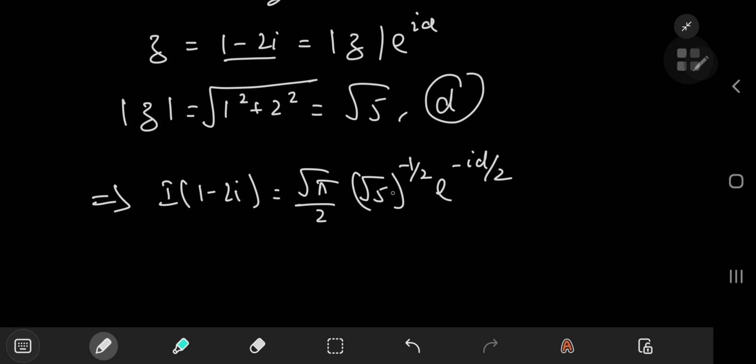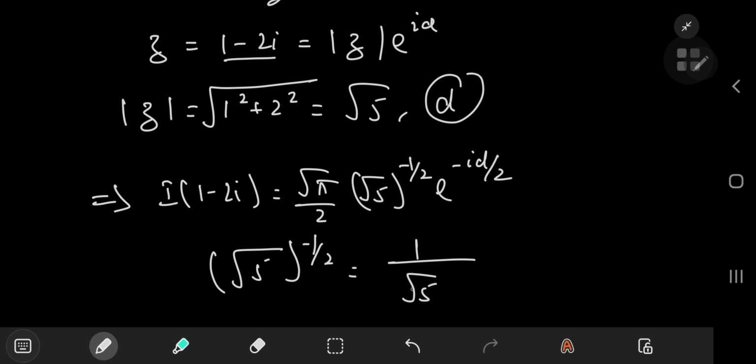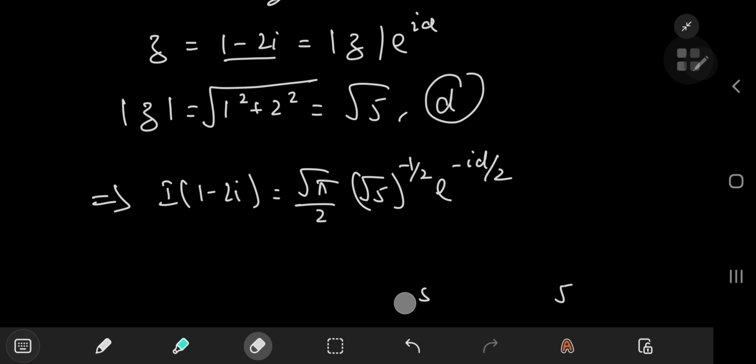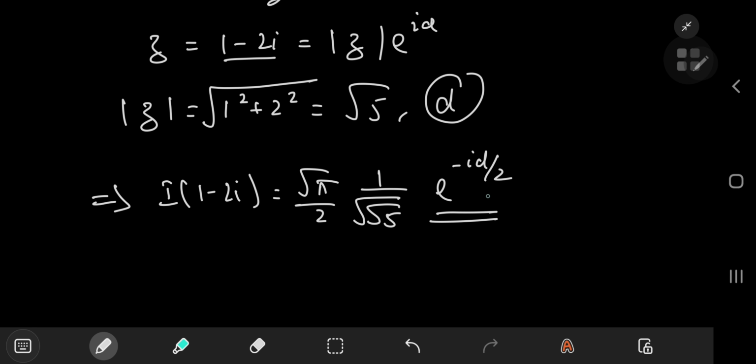And the square root of 5 to the negative 1/2 would be 1 by the square root of 5 to the 1/2. So this is the reciprocal of the square root of 5. Okay, cool. So let me just write all this out here. You have the reciprocal of the square root of 5, and you have this complex exponential term.